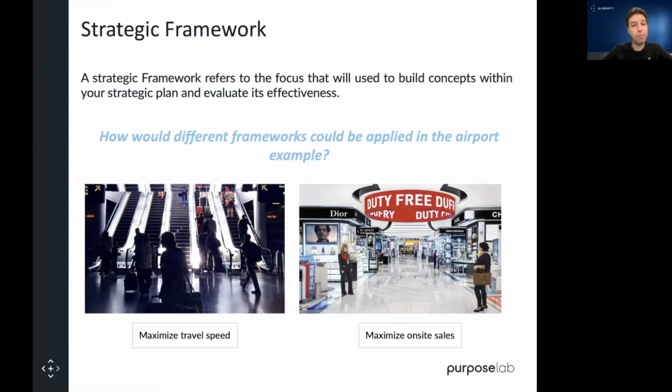But you can have a different airport with a different focus, where the main objective is to maximize the time that your passengers spend in the airport, because you want to make sure that they buy a lot of stuff there.